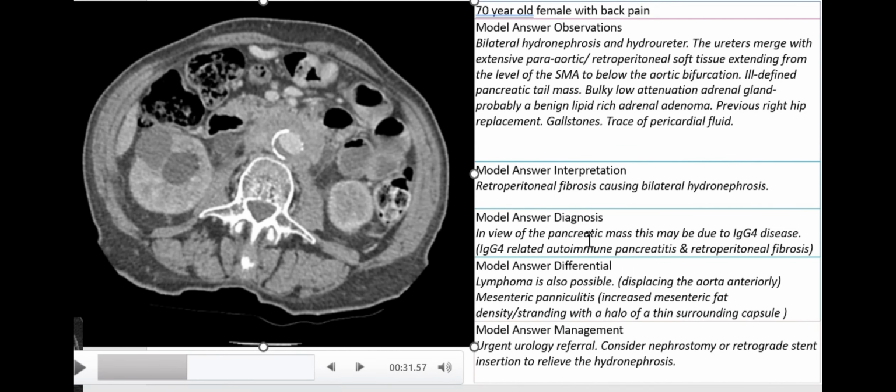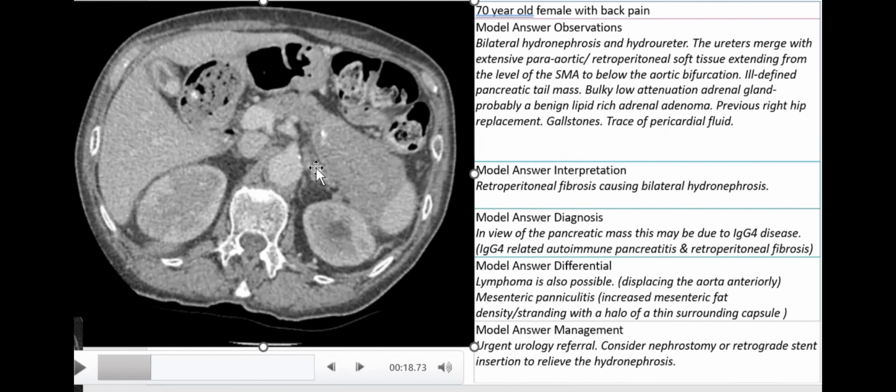The differential diagnosis: this may not be an autoimmune process. This may be a malignant process. So the pancreatic mass may be a lymphoma, and the retroperitoneal fibrosis is secondary to this lymphoma.